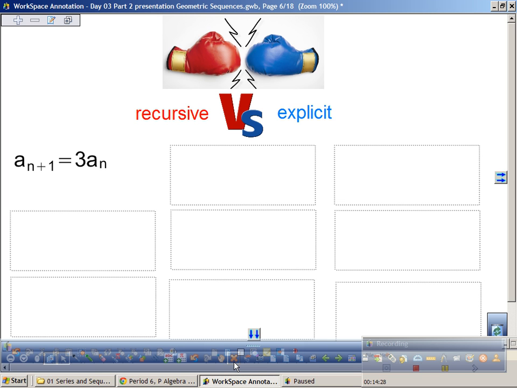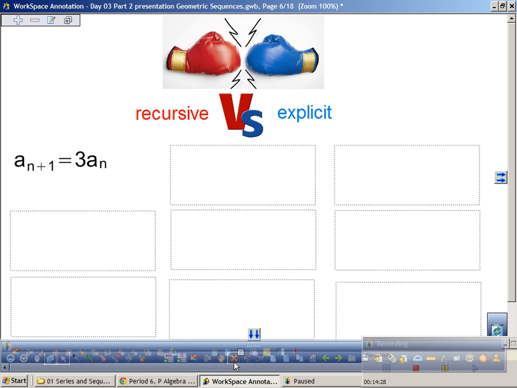Addition or subtraction, and what does this one deal with? Multiplication or division. What does this one deal with? Multiplication or division. So you look at these two to figure out whether it's recursive or explicit. Kind of easy, right, when you think about it. Once you eliminate these, when you look at these, the real big difference between them is this one has exponents, right? This one doesn't. This one just talks about R in the previous term. That's it.